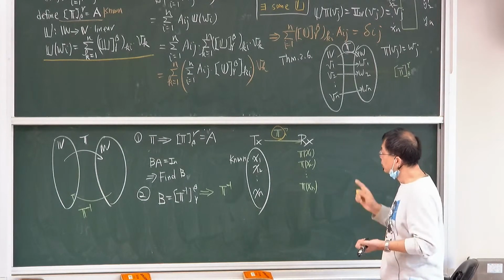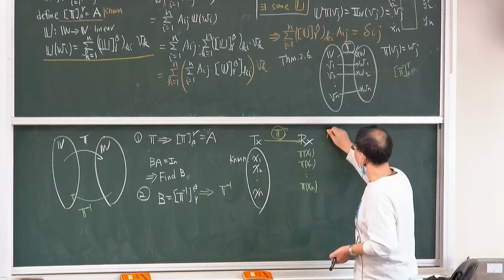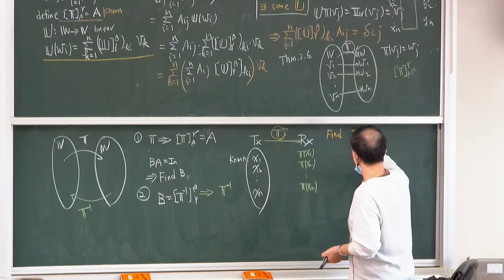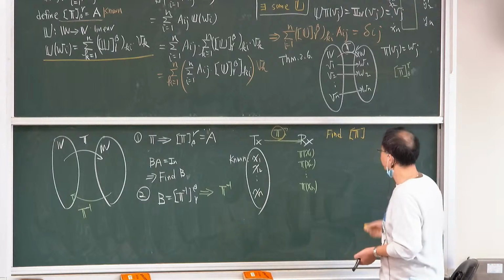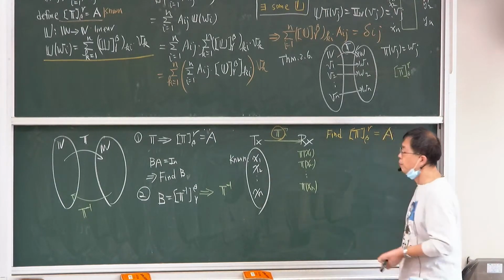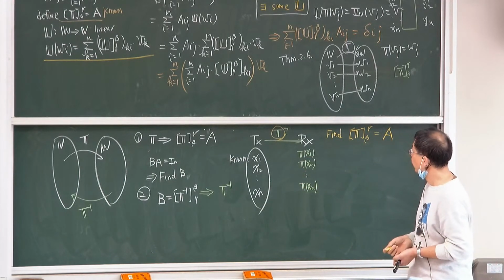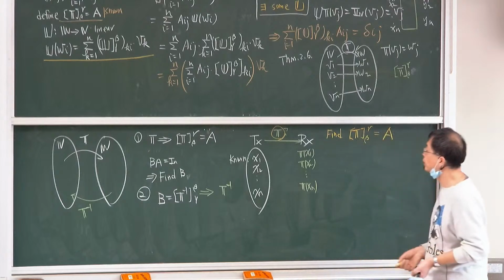Right now, we are going to find the representation of T from beta to gamma. We can always find this kind of relationship.